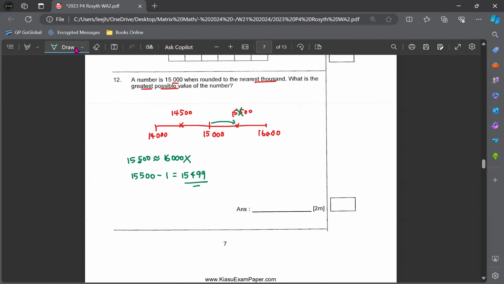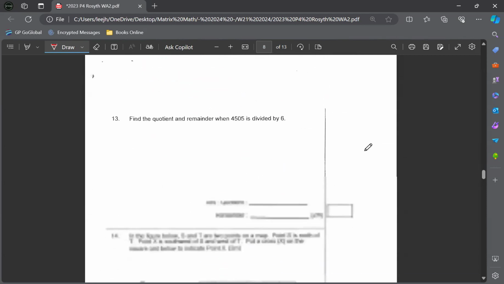Okay, so the answer is 15,499. Because after this one, it will be 15,500. The hundreds place will change to 5. But this one is the greatest value where the hundreds place is still a 4. So the answer is 15,499.